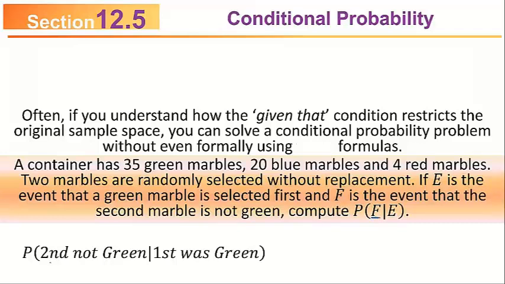So if F is the event that the second is not green, I'll just write that out. And if E is the event that the first was green, I will just write that out. It's up to you, but I think it's easier if you do it that way.